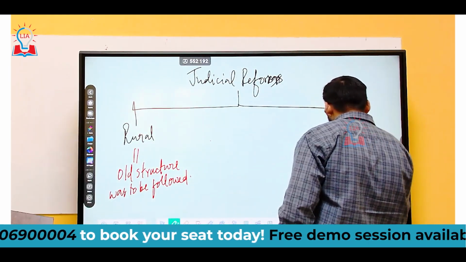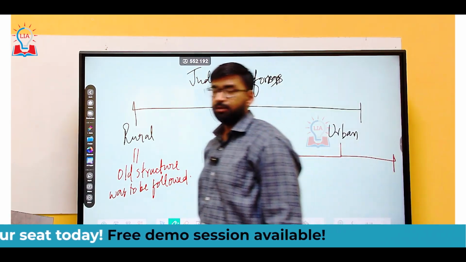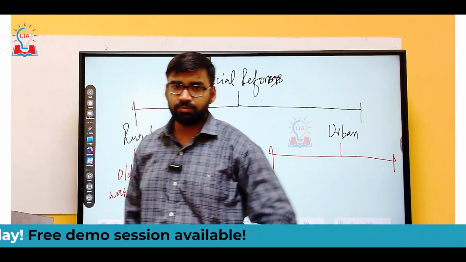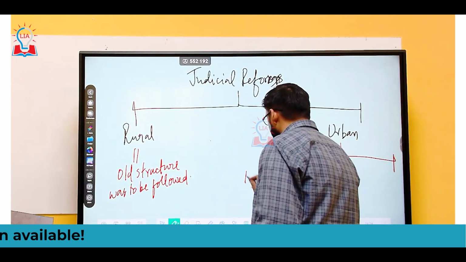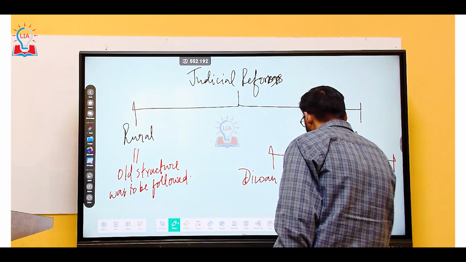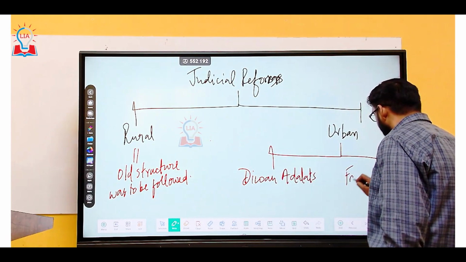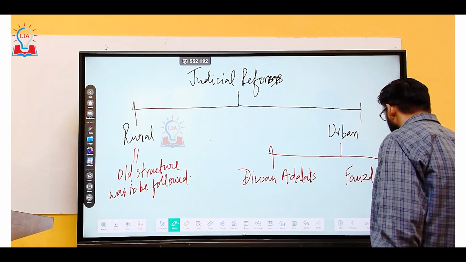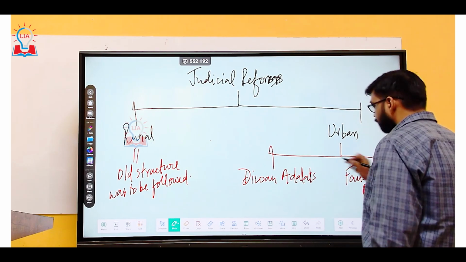In urban areas, he created 2 courts, 2 adalats: Diwani Adalat and Fauzdari Adalat.